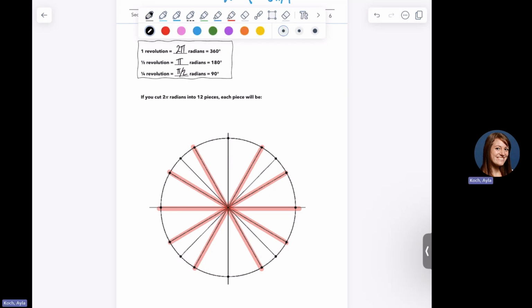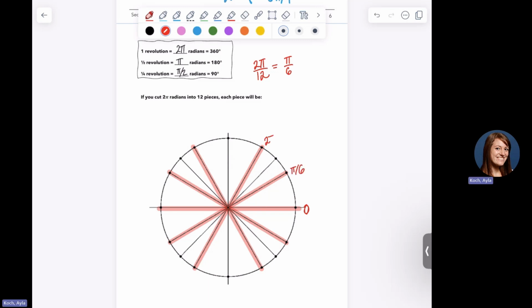This time, we're cutting 2 pi radians into 12 pieces. If we simplify, that's a pi over 6 jump each time. So this is 0. This is pi over 6.